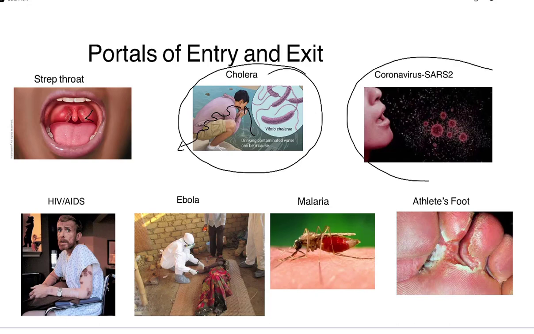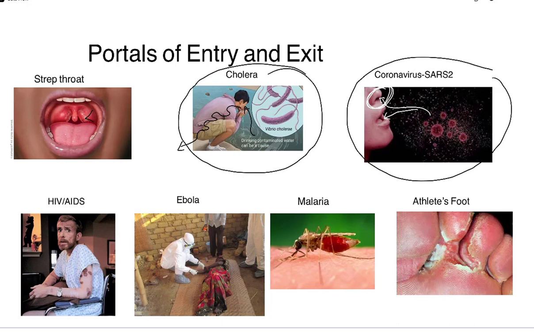Coronavirus, SARS-2, portal of entry is going to be either the nose or the mouth. And I actually think the nose is probably a more common portal of entry than the mouth is, interestingly enough. So for all those mask wearers that like to leave their nose hanging out, you're leaving your major portal of entry hanging out for the virus to get into.